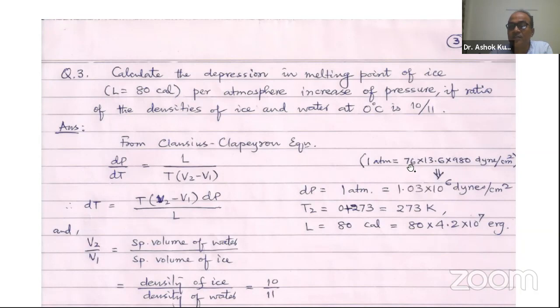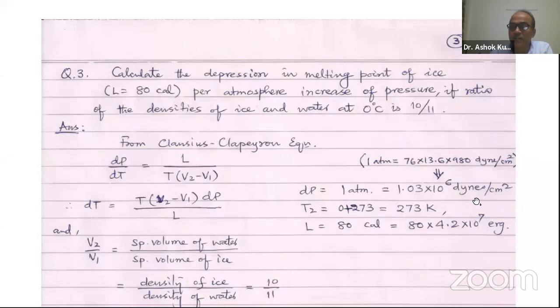So 76 centimeter into the density 13.6 gram per centimeter cube, and 980 is the g value. If we solve it, we get 1.03 into 10 power 6 dynes per centimeter square.